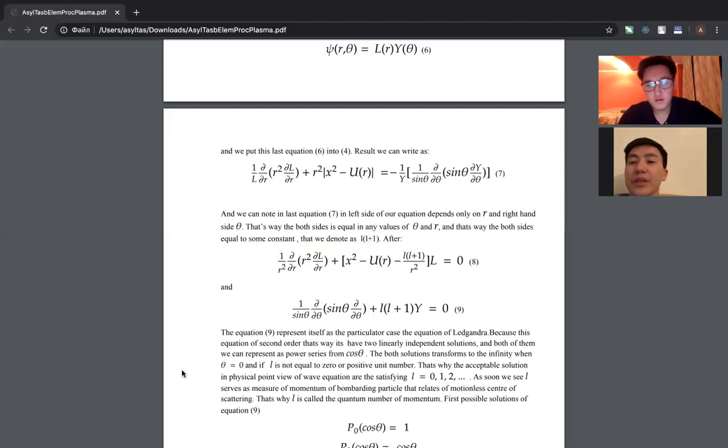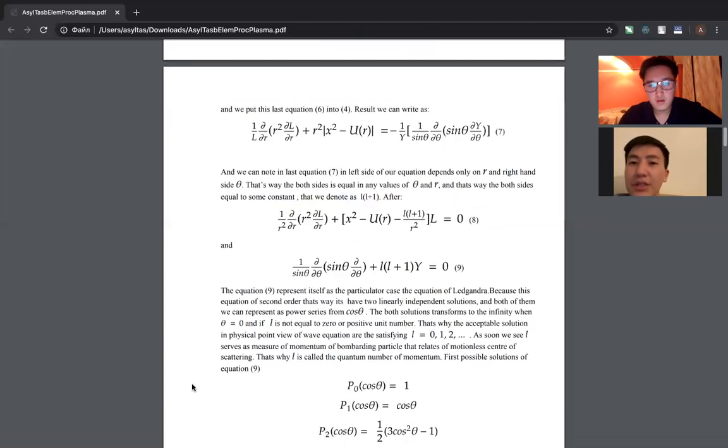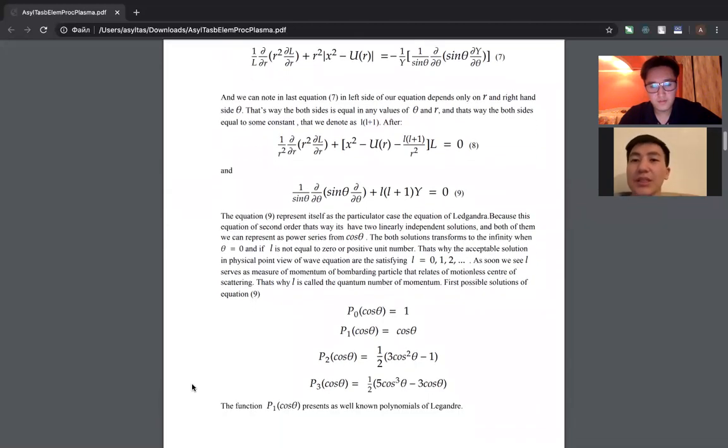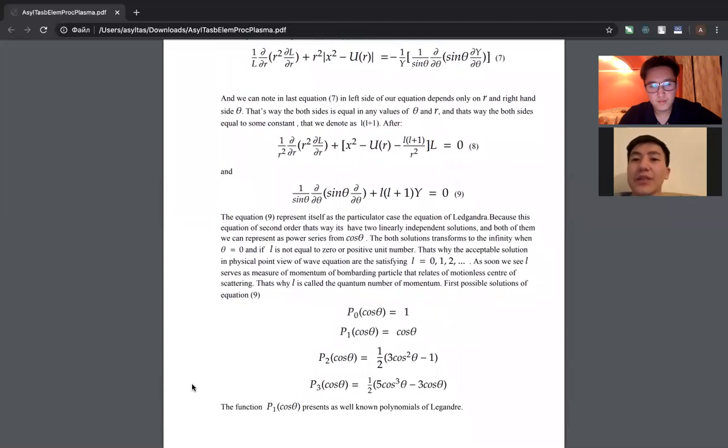So both sides equal some constant, which we can denote as L plus 1. As we see, equation 9 represents a particular case of the Legendre equation.